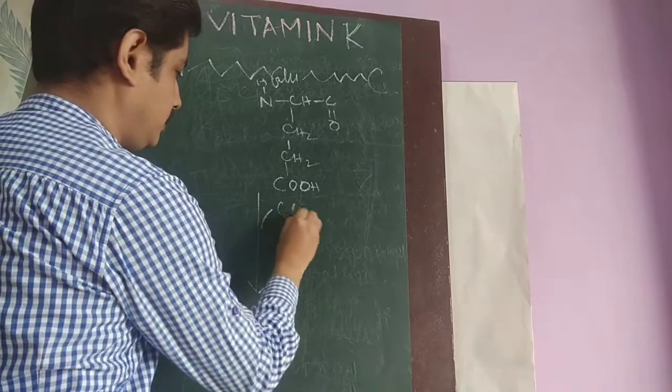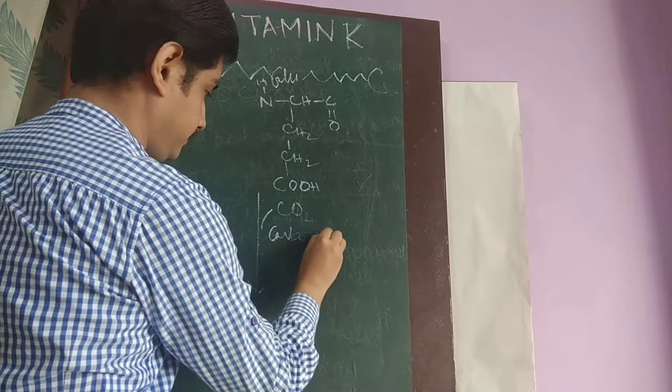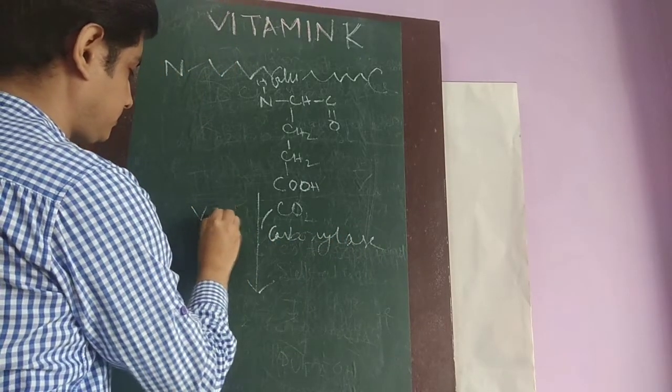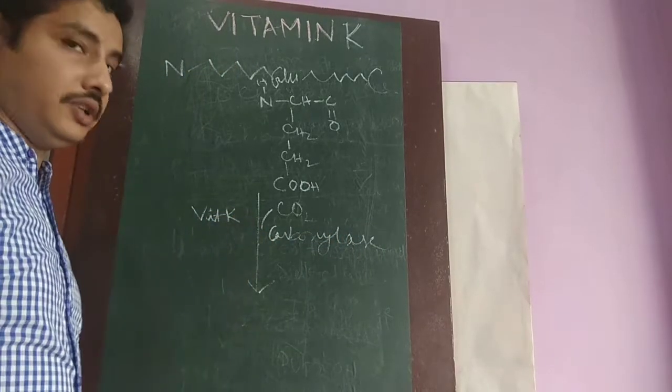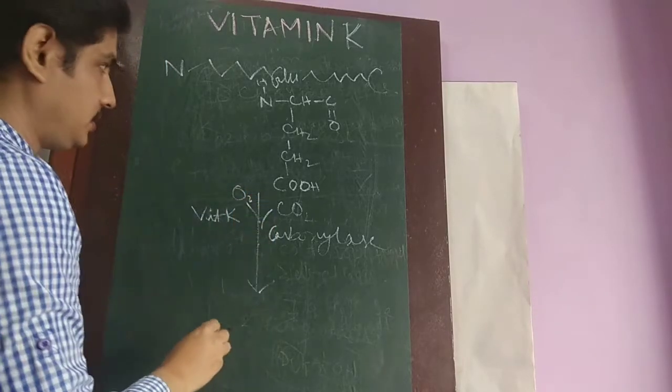It is carboxylated by the enzyme carboxylase. The coenzyme is vitamin K. It also needs oxygen.